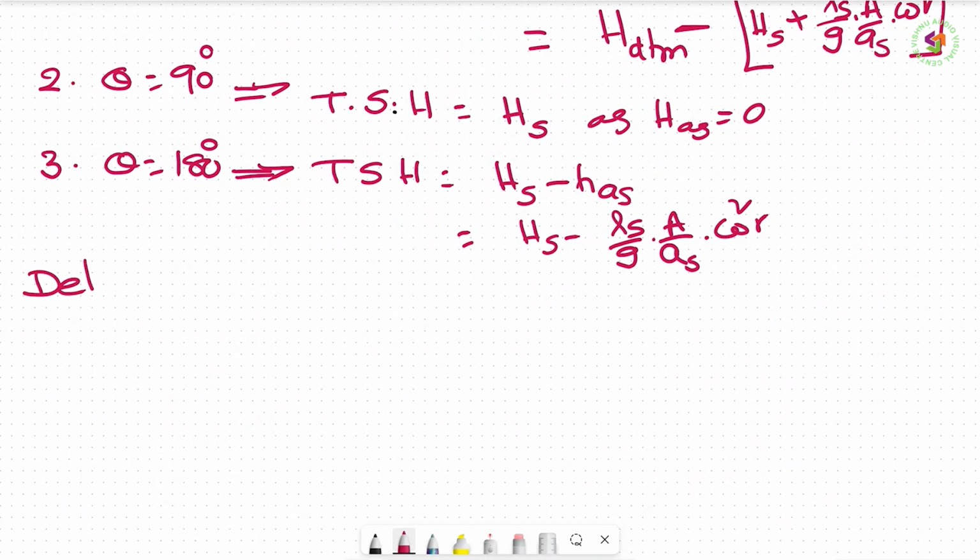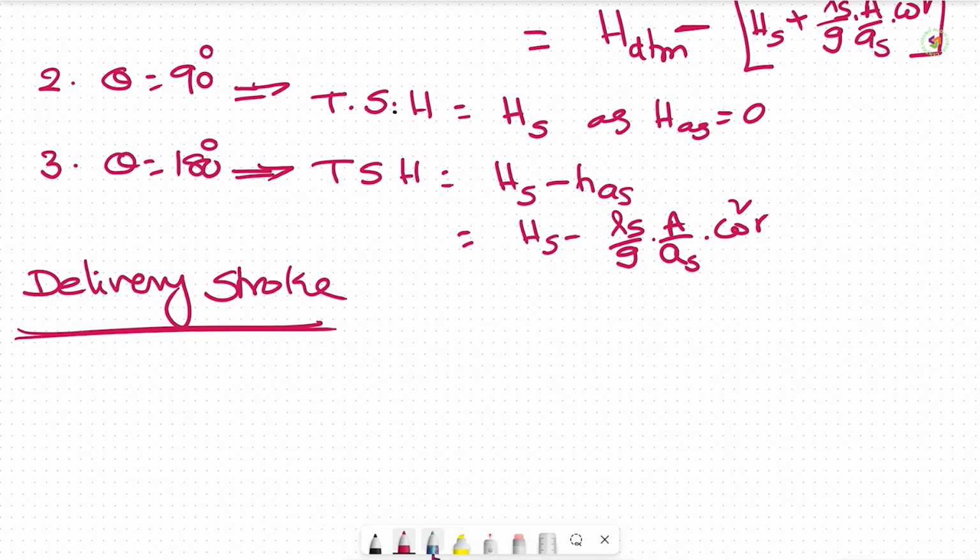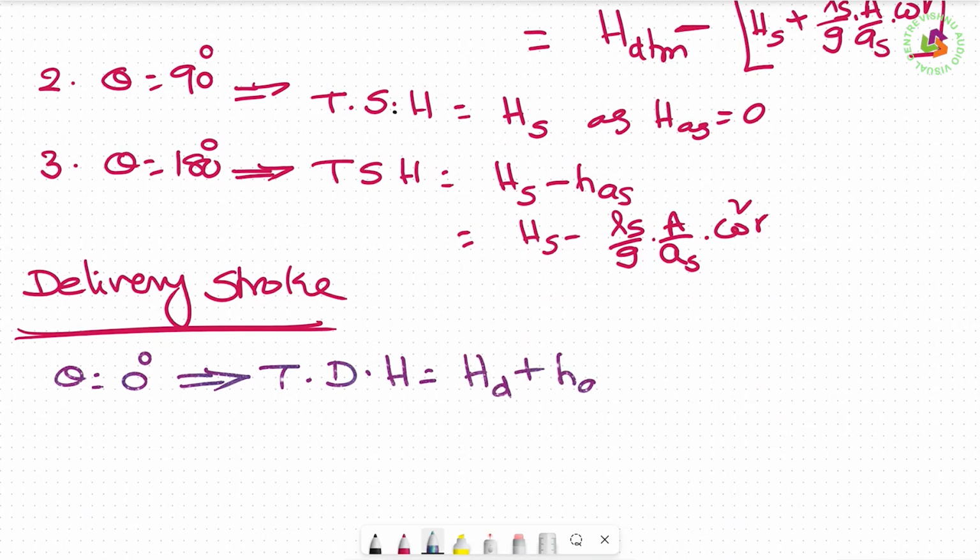Delivery stroke. Theta is equal to 0 degrees, right? Then total delivery head is equal to HD plus HAD.